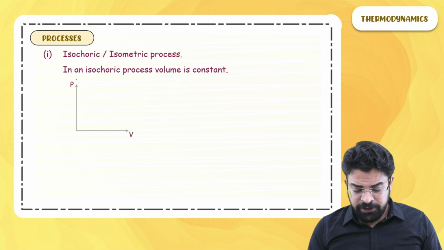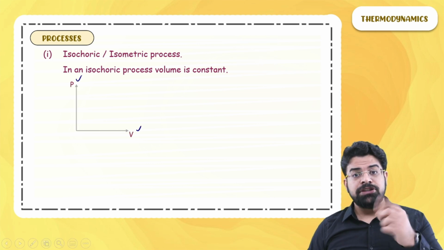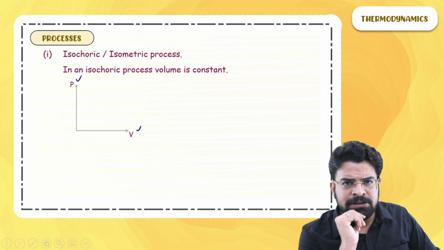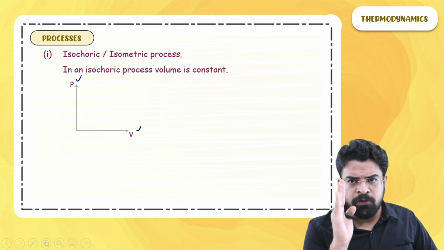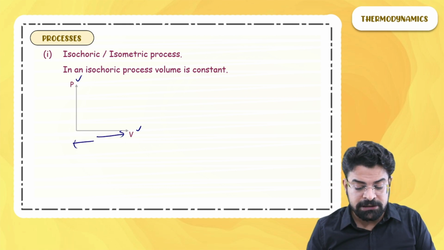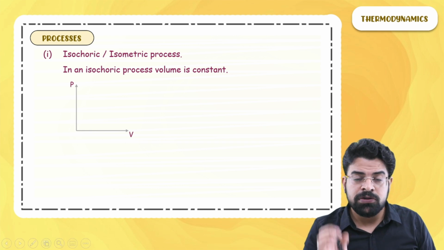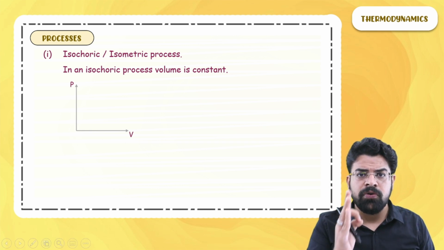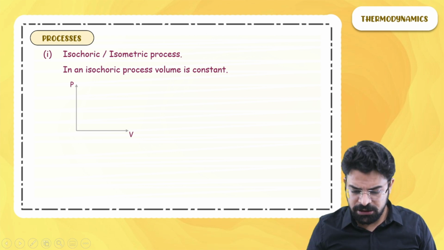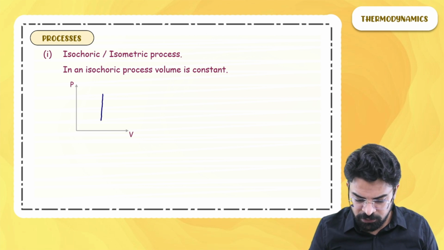So if we think of the PV graph for an isochoric process, the volume won't change. It won't increase or decrease; it has to remain constant. So what does the graph look like on a PV diagram? Think of a line on which the volume is constant.